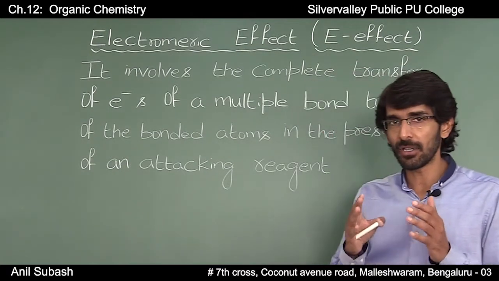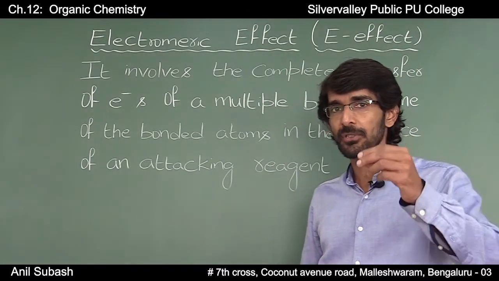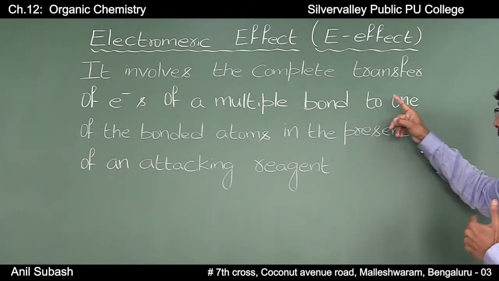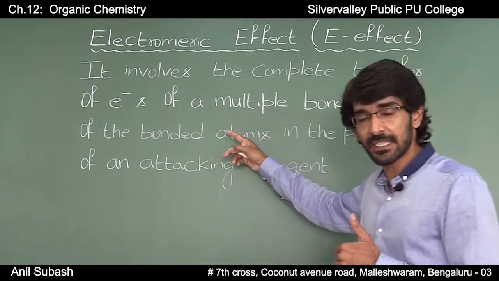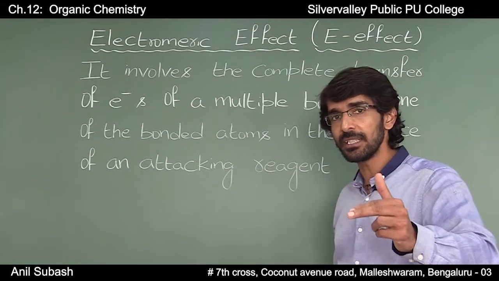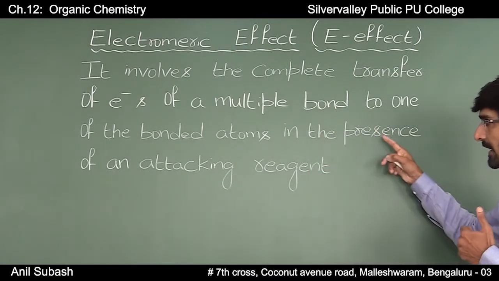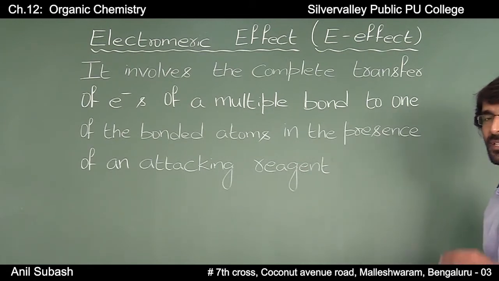Usually in the case of electromeric effect, the pi electrons of the double bond or triple bond are transferred completely to one of the bonded atoms that are involved in the multiple bond, and the effect takes place in the presence of an attacking reagent.